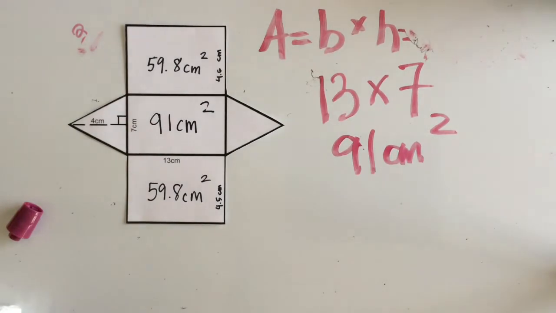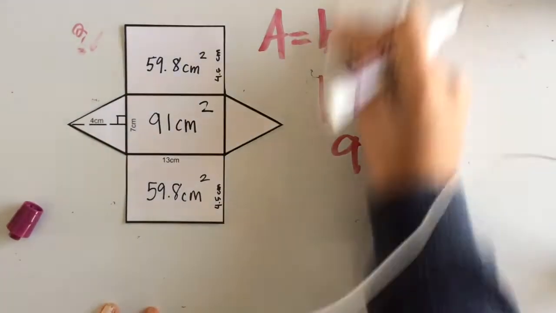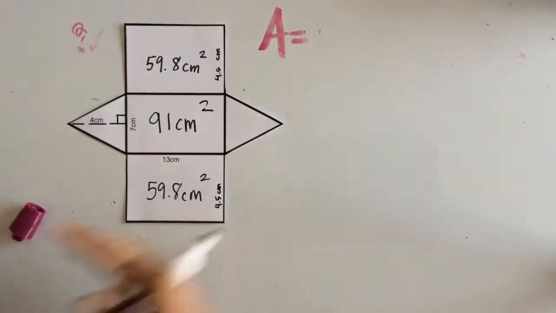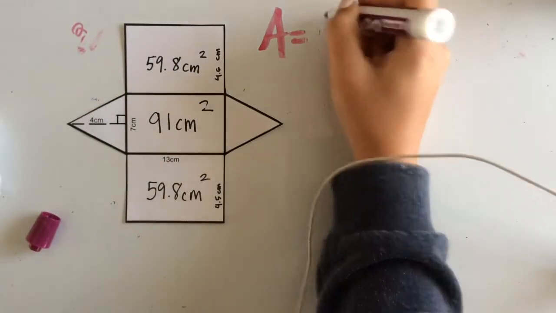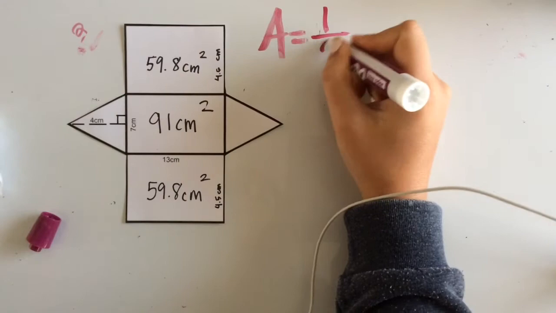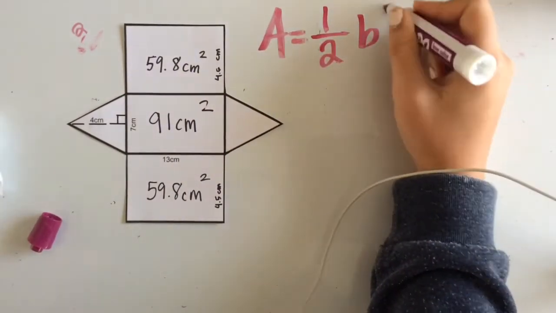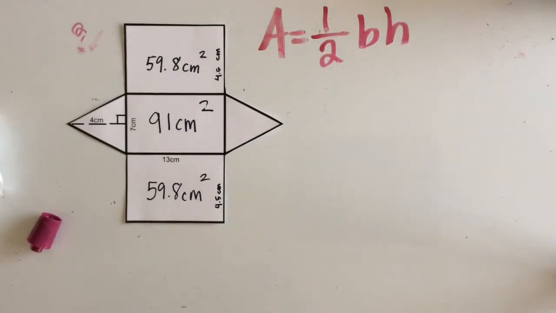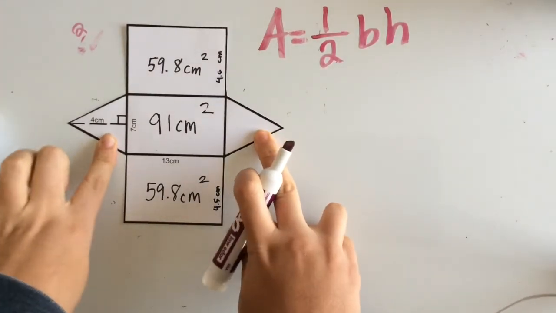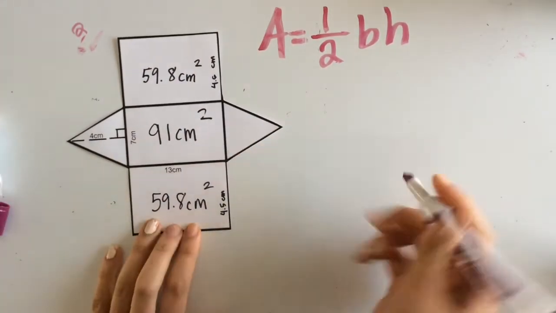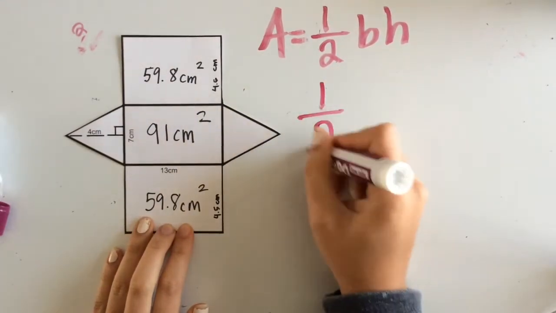Okay, let's find my two triangles right here in those corners. So this area formula is different, almost the same. The area of a triangle is half of the base times the height, right? So 1/2 times the base times the height. These two triangles are the same. We're going to assume they're the same. So I just plug it in.